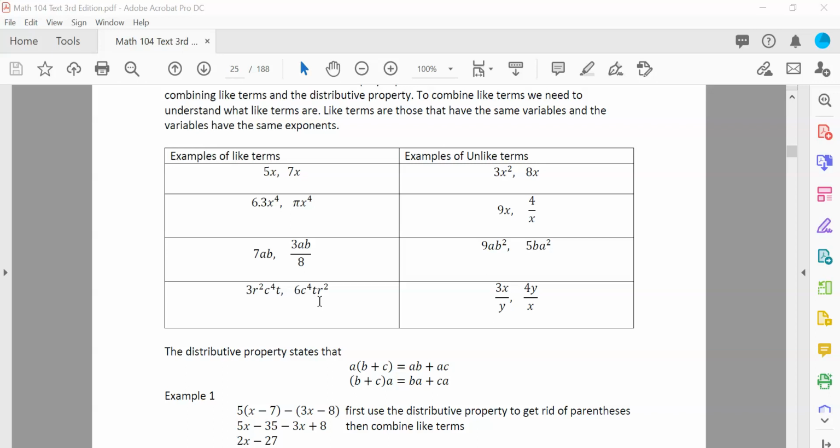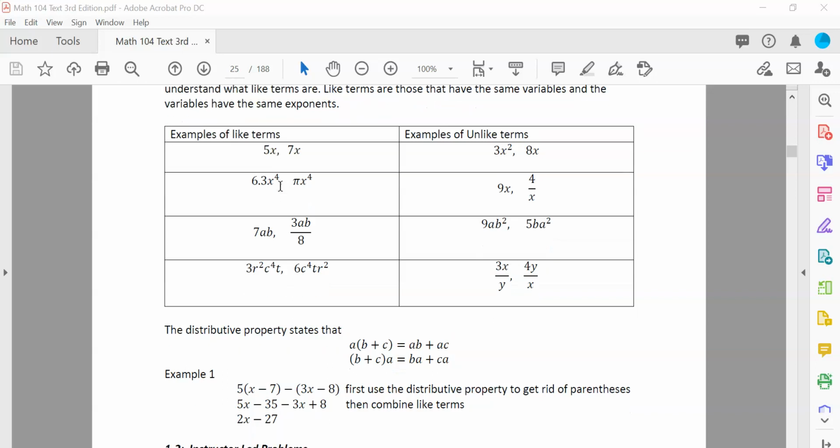So that's the commutative property of multiplication. Like terms that are alike, we're going to be able to combine. So for instance, a 5x and a 7x, if I were to add those two terms, I would end up with a 12x.